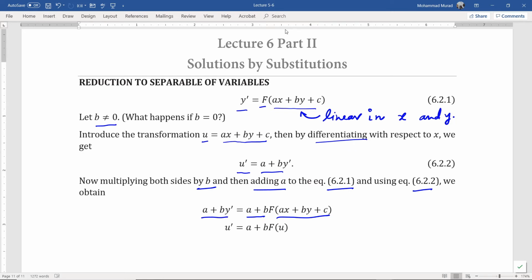Now a plus b y prime is simply u prime by using equation 6.2.2, and this quantity ax plus by plus c is simply u. So we obtain an equation in the new variable u, namely u prime equals a plus b times f of u.